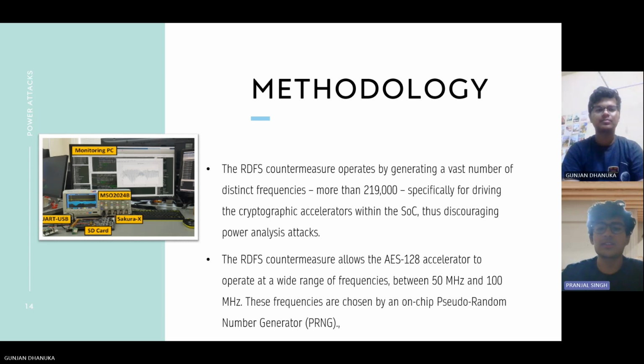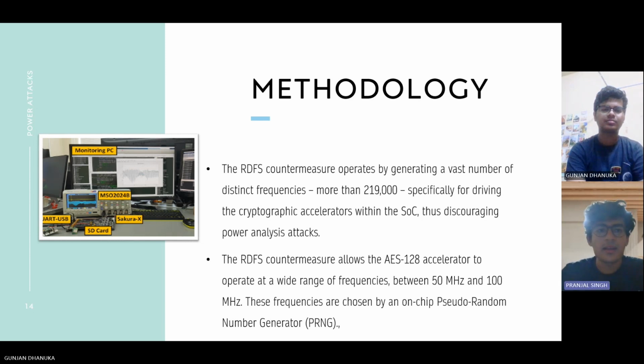And these frequencies were generated using a pseudo-random number generator, thus ensuring that the frequencies were random and uniformly distributed, making it difficult for the attacker to detect any pattern or to draw any conclusions about what frequencies would be chosen next. And thus this could hide the information from any attacker.